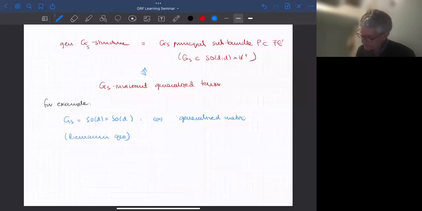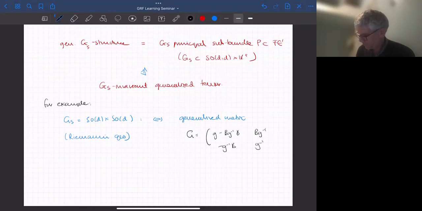And the generalized metric has the usual form. I call everything G, which is terrible, but that's some G, which looks like the usual form, some symmetric tensor in E star.